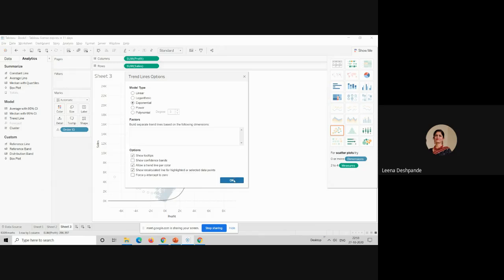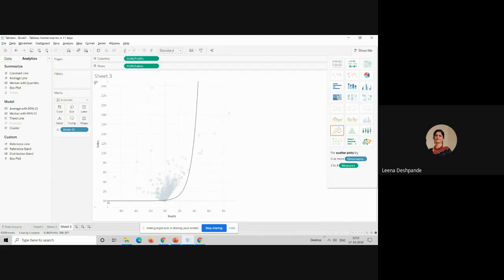Exponential again gives me the equation. This is the exponential curve, where it is going to increase exponentially. If you see this equation, I am getting 126.438 into the exponential of profit. So I am able to form the equation and predict the value of sales based on the profit value and its equation.